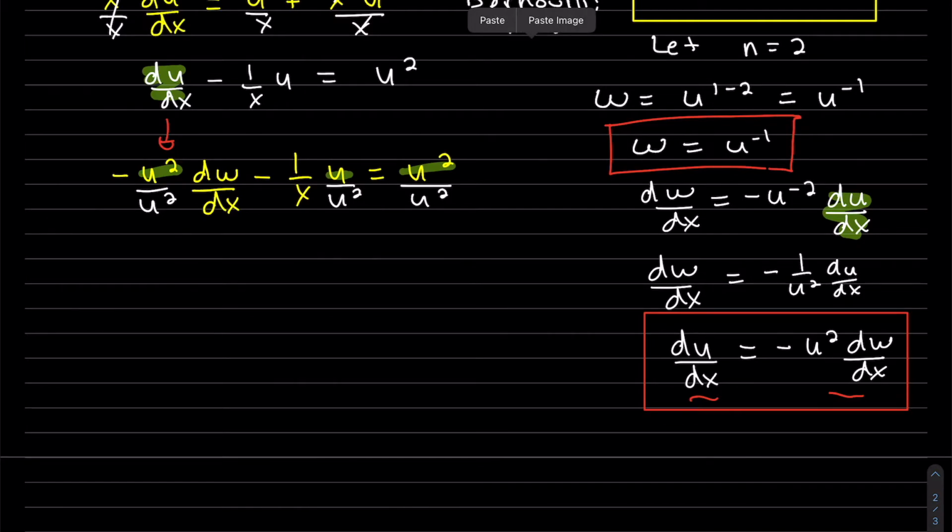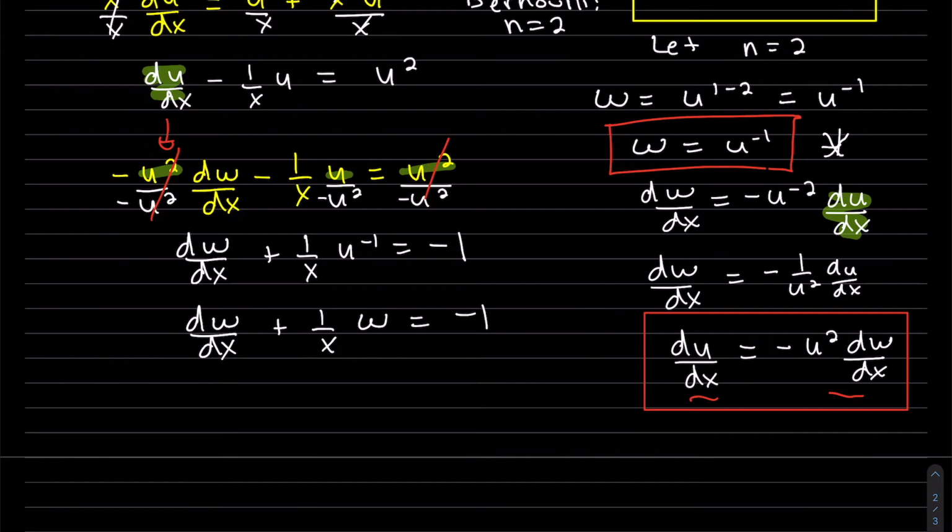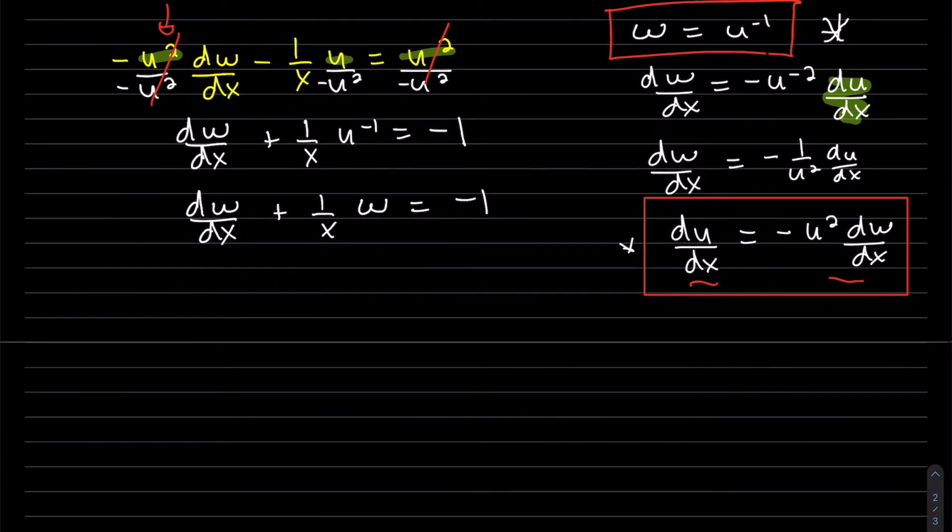Might as well get rid of that negative while we're at it. Now we can use our w. So we use both of them. Okay, so integrating factor again. Pretty interesting problem, huh? So since I cleared out my negative, this is my p of x.